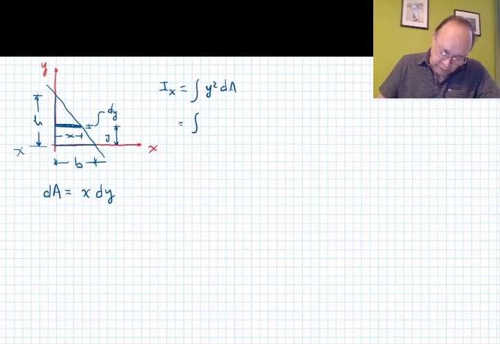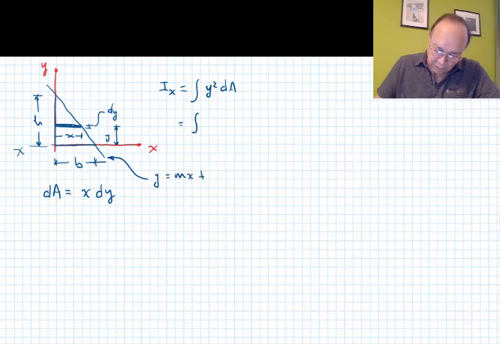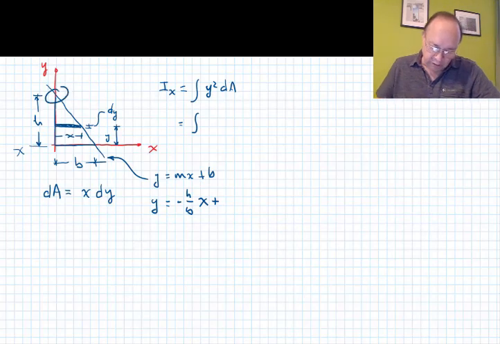The equation of the line that defines the triangle is mx plus b, where the slope is minus h over b, and the intercept with the y-axis is h.